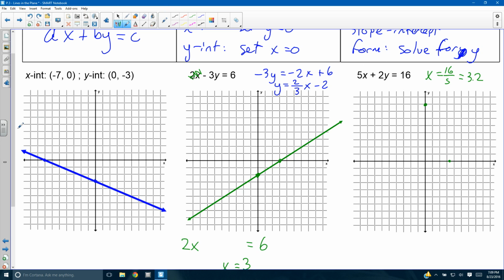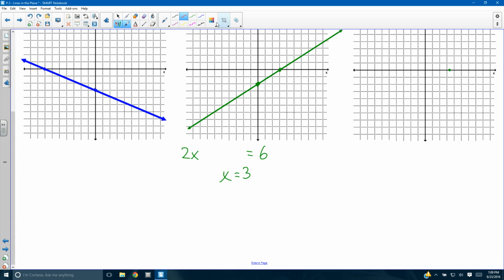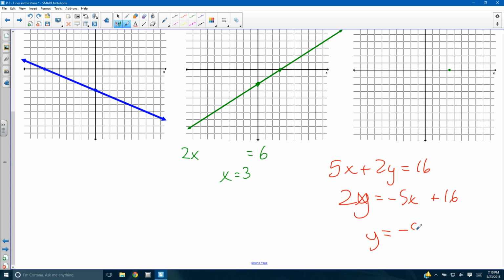So what do you do for slope-intercept form? You solve for y. How do we do that? What was it? 5x plus 2y equals 16. Okay, subtract 5x. And then divide, this is a y. And divide both sides by 2. You're going to get y equals -5/2 x plus 8.